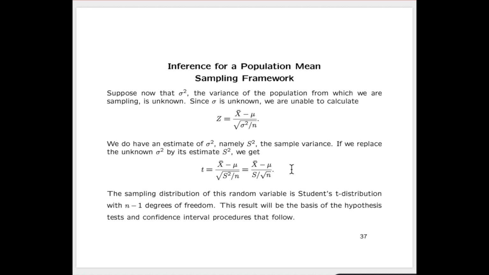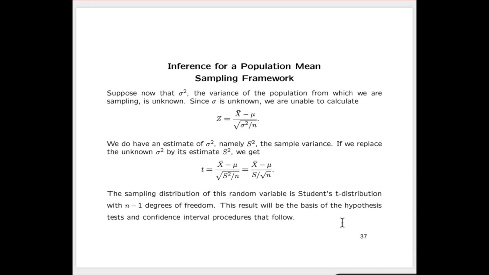Now, associated with the t-distribution is a parameter called degrees of freedom. And in this context, the number of degrees of freedom associated with this distribution is equal to n minus 1, one less than the sample size. Now, whereas for the standard normal, there's only one standard normal that we deal with, when we talk about the t-distribution, there are actually an infinite number of t-distributions.